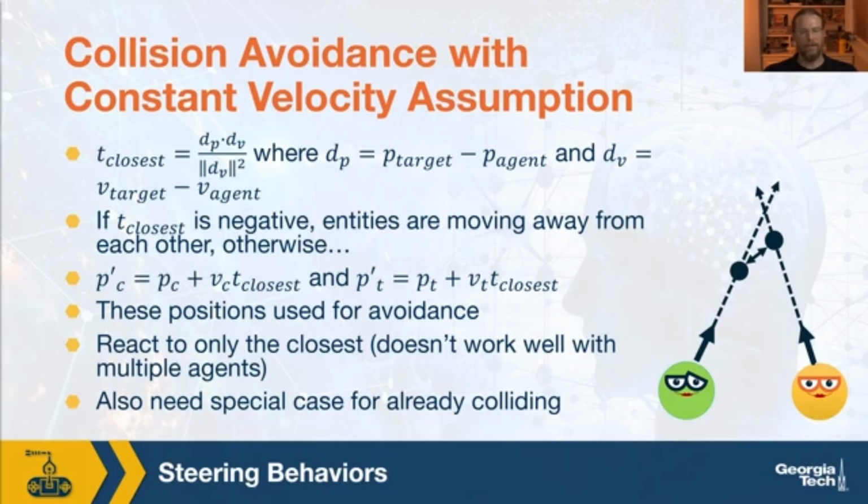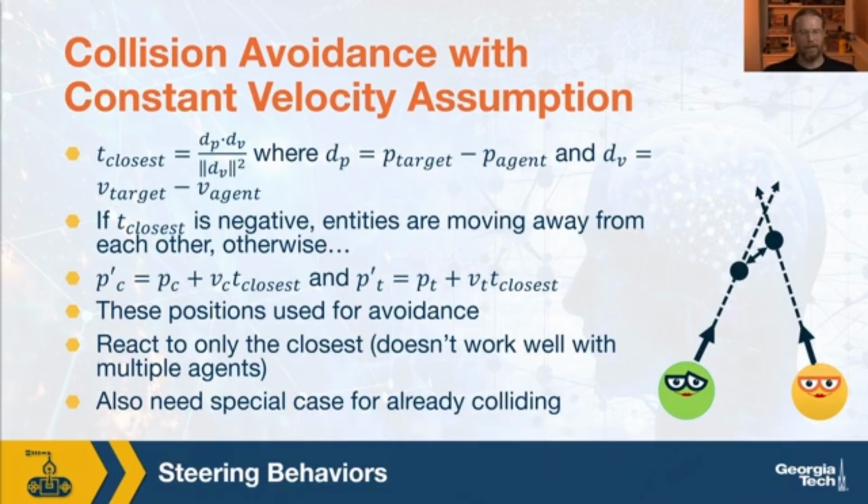Plug that in using the t that we just solved for, and then those are the positions that we'll use for avoidance. So each agent will be avoiding the other agent's point that is derived from this closest t.